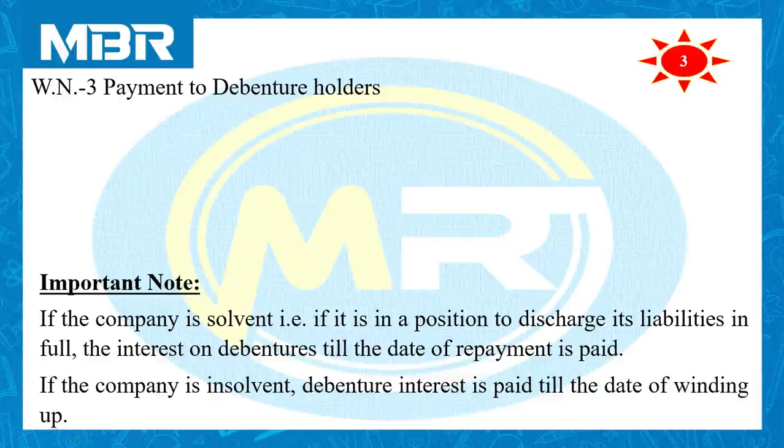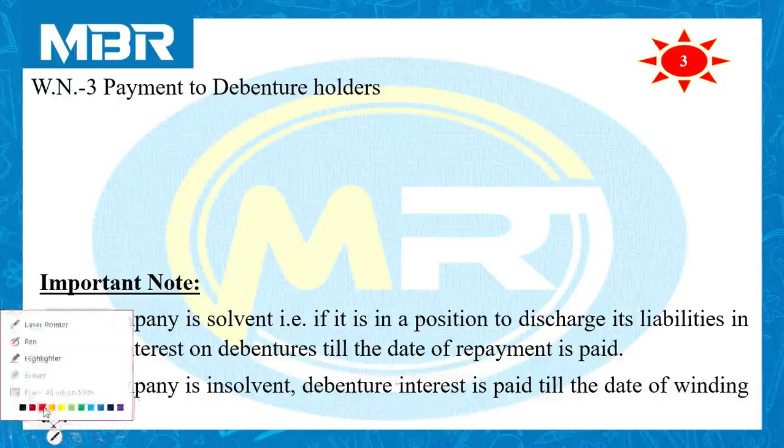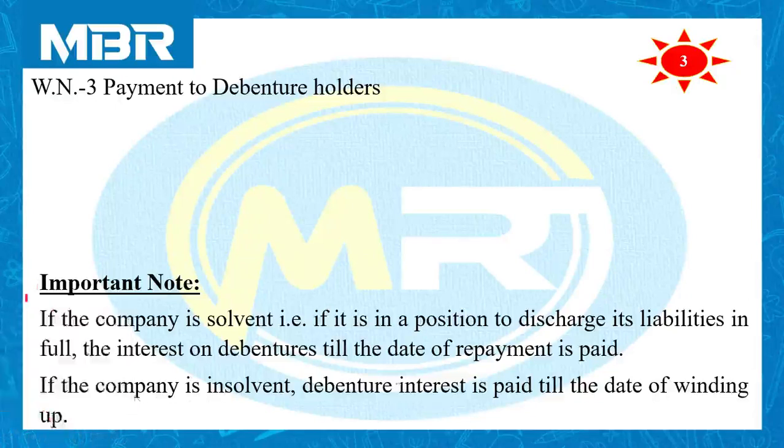Before calculation of payment to the debenture holders, it is necessary for all of you to remember this important note. In the initial stage of the chapter, I will discuss this note with you, but in the later course of calculation, you need to remember it.